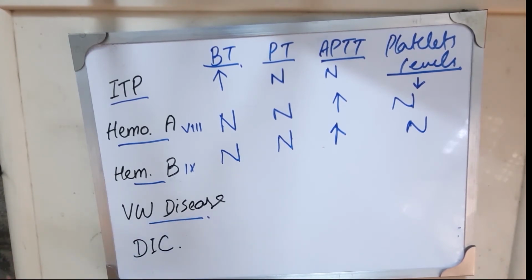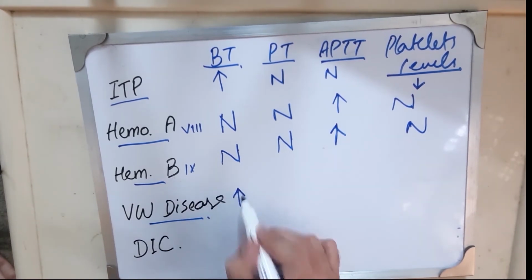Von Willebrand disease. It is characterized by qualitative or quantitative defects of von Willebrand factor. Von Willebrand factor has two functions. It helps in platelet adhesion, and it is also important for binding of factor 8. So platelet adhesion is abnormal, and bleeding time is increased.